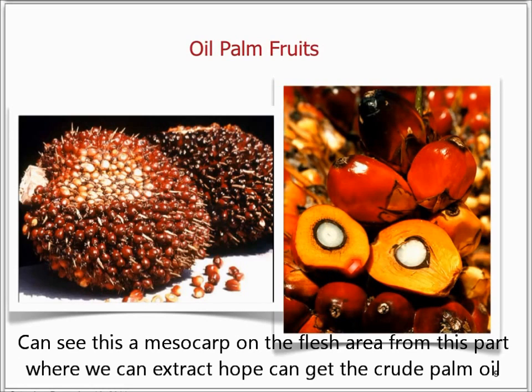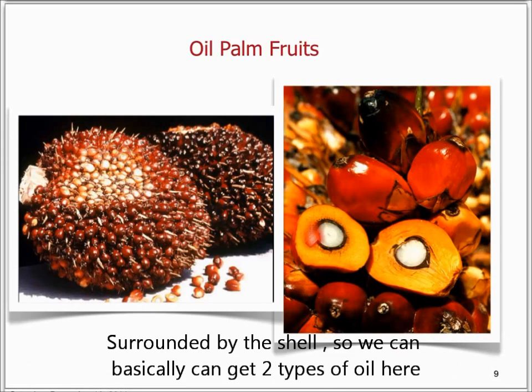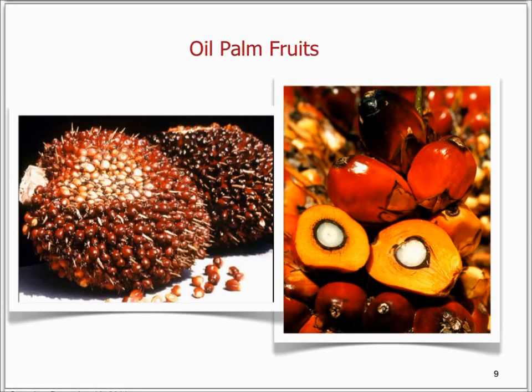This is the part where we can get the crude palm oil, and the white flesh is the palm kernel, surrounded by the hard shell. So basically we can get two types of oil here: the crude palm oil from the mesocarp and the palm kernel oil from the white flesh or from the kernel part.